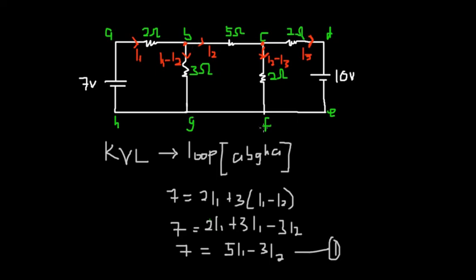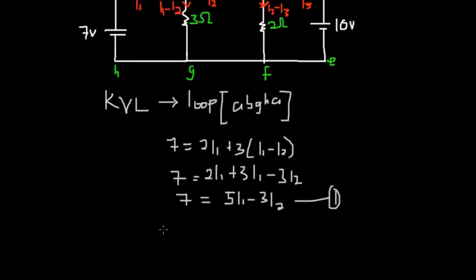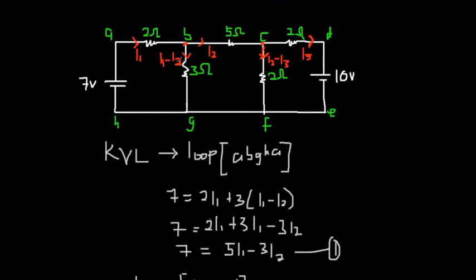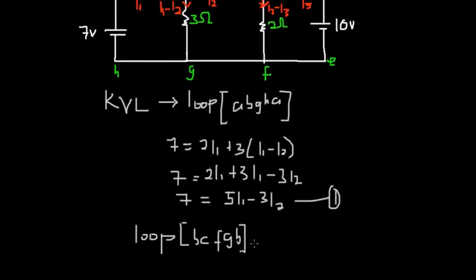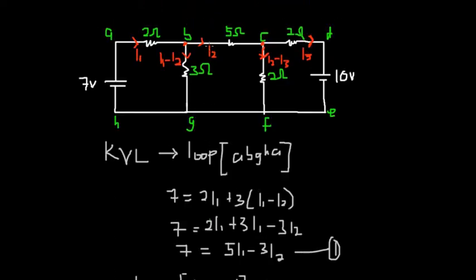Let's choose loop BCFGB. From there we know that we don't have any voltage source, so the voltage source will be 0, and that will be equal to I2 and then 5, moving in the same direction.